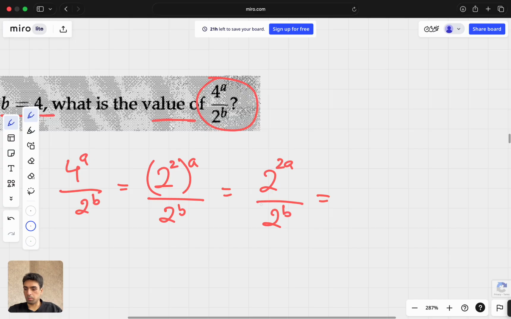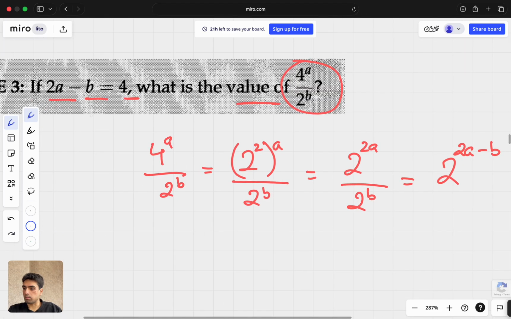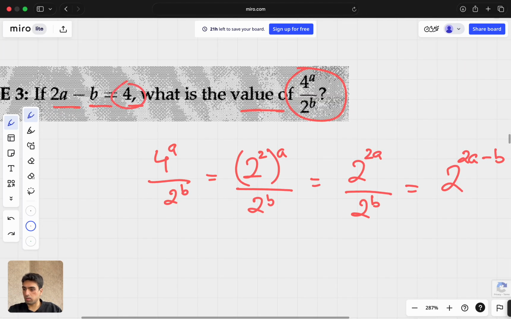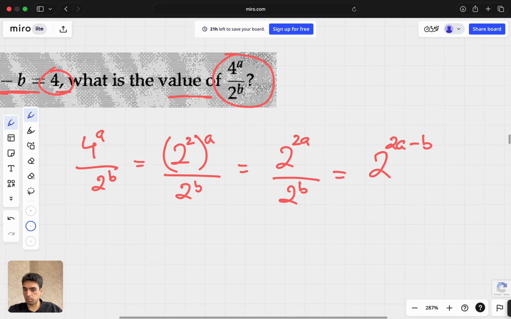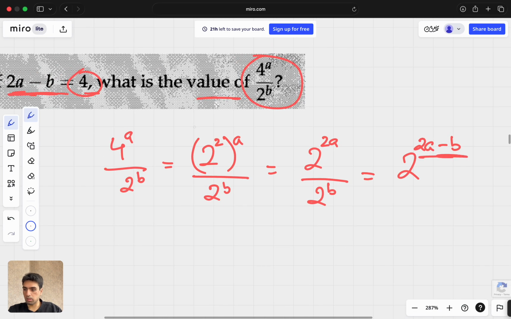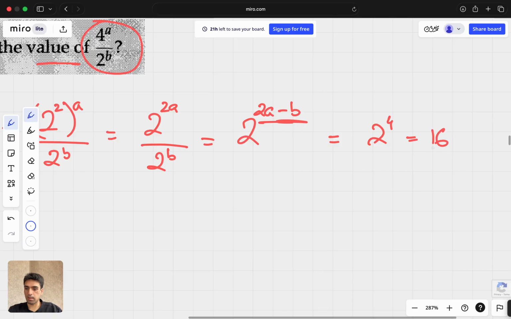In this case, the bases are the same, and we're dividing, which means we have to subtract the powers. So it's 2a minus b. That'll be our answer. And actually, no. So this is equal to 4. 2a minus b equals 4, and we have 2a minus b, right? That's equal to 4, so you can substitute. You can write this as 2 to the power of 4, which is 16.